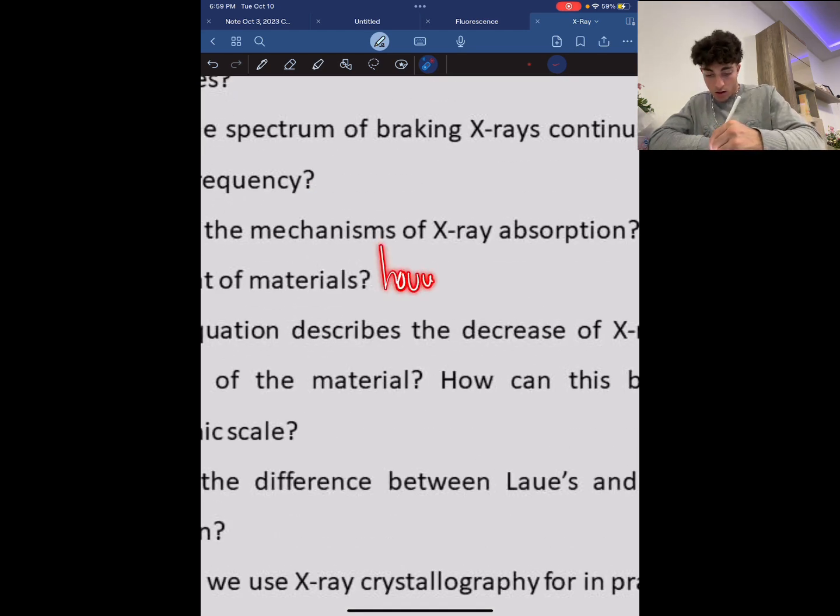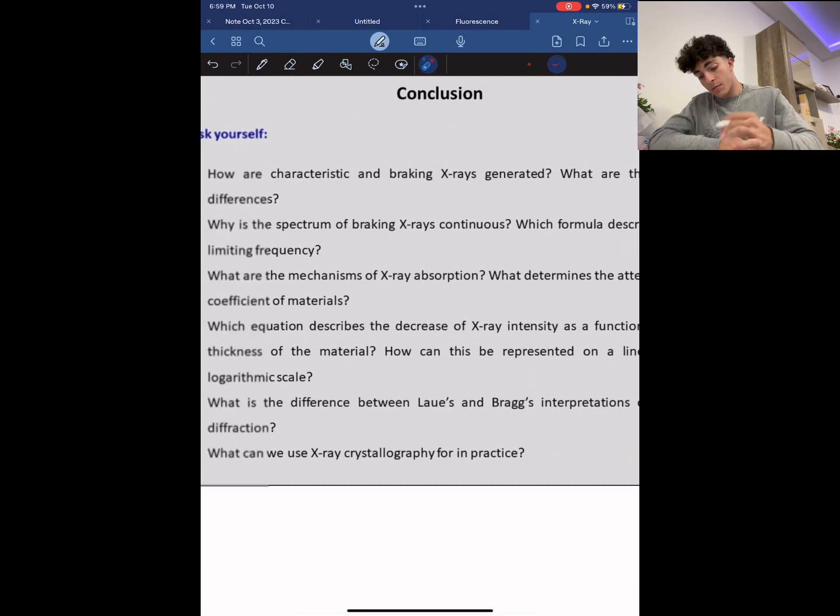How well the material absorbs X-ray photons to the point where it decreases towards its 37%, so a decrease of 63%, and this is equal to the reciprocal of the distance, so 1 over x.